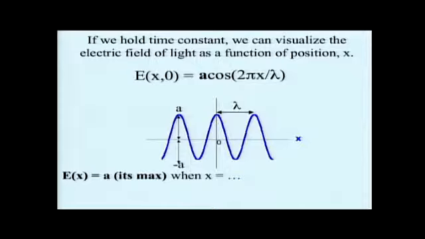So if we think about that, we need to have a point where we're making this argument of the cosine such that the cosine is equal to 1, so all we're left with is that A term.